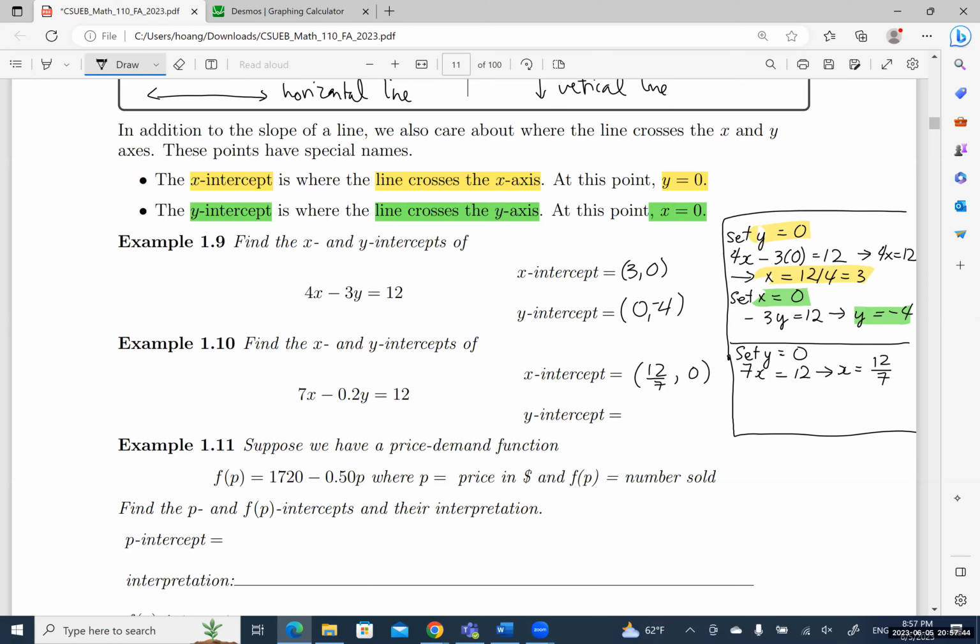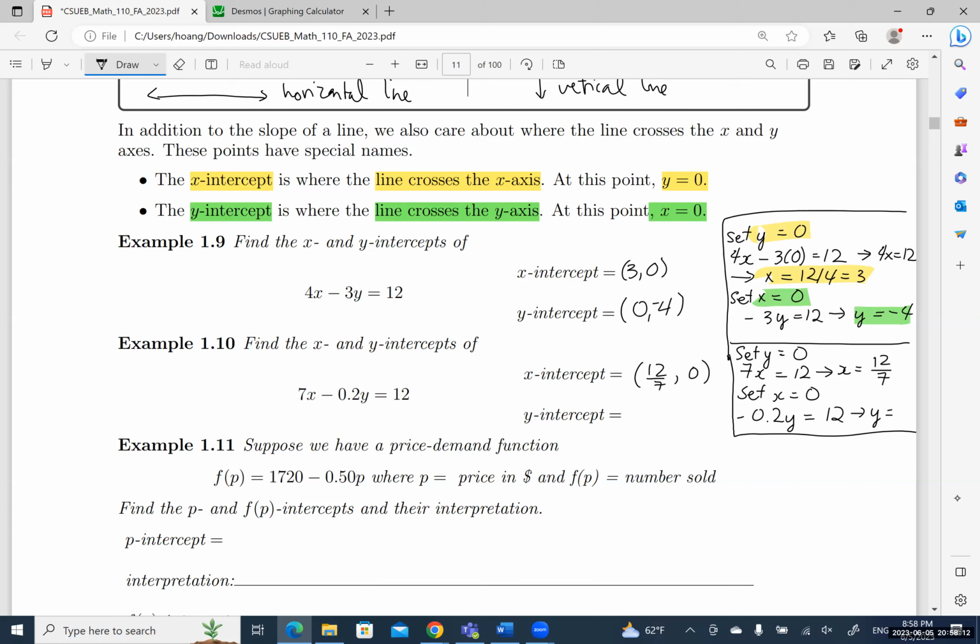Right? And for the y-intercept, I have set x equals 0. And I have negative 0.2y, since the 7x now becomes 0, right? And equal to 12. So then y equal to 12 divided by negative 0.2.